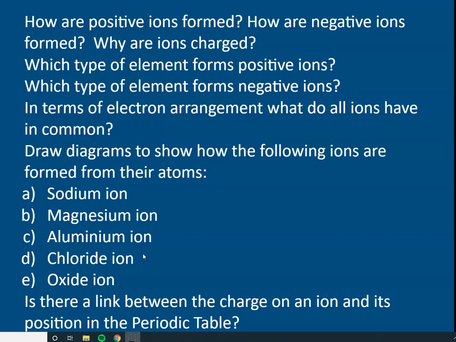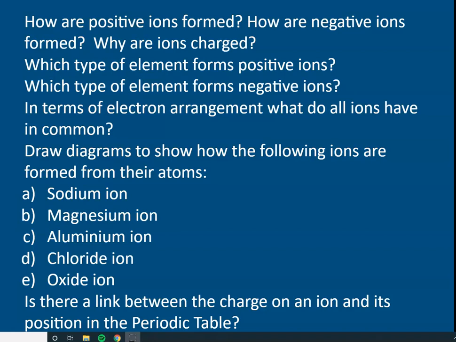Group 1 all form 1 plus ions, or just plus ions, because they lose 1 electron from their outer shell when they react. Group 2 all form 2 plus. Group 3 form 3 plus.